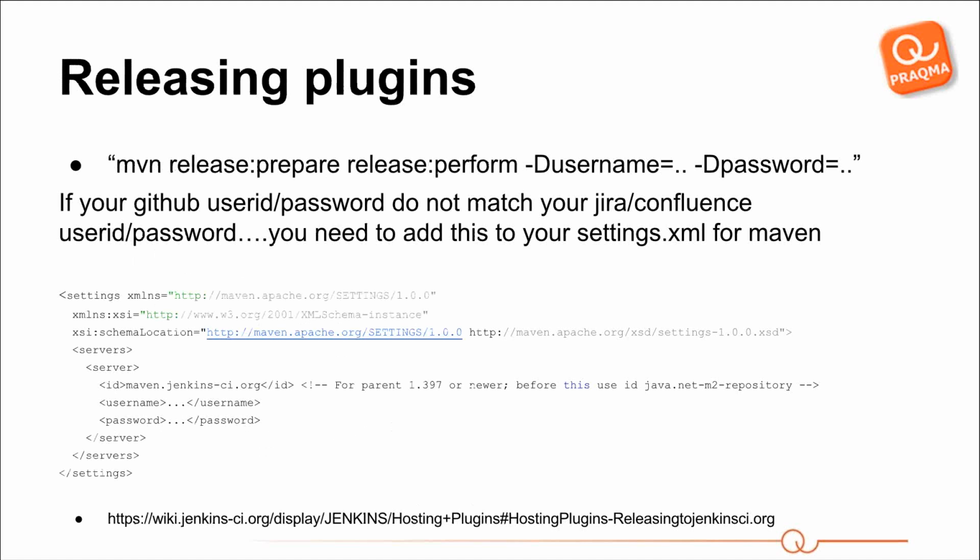Otherwise, you need to edit your settings.xml file in your local Maven repository to provide your username and password. Then you don't need to provide the username and password arguments in release prepare, release perform. I've put in the link on more on how releasing to Jenkins works.